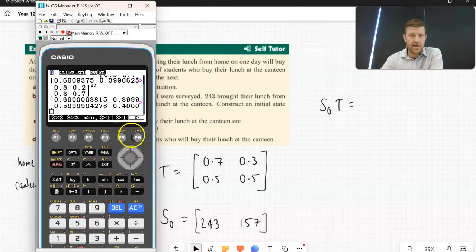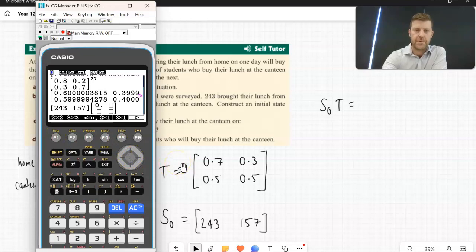Again, similar to the example I went through previously, I have a 1 by 2 state matrix, which is 243. In this case, my state matrix actually has an amount rather than a proportion, and my transition matrix again is also a 2 by 2. This time my values are 0.7, 0.3, and 0.5, 0.5.